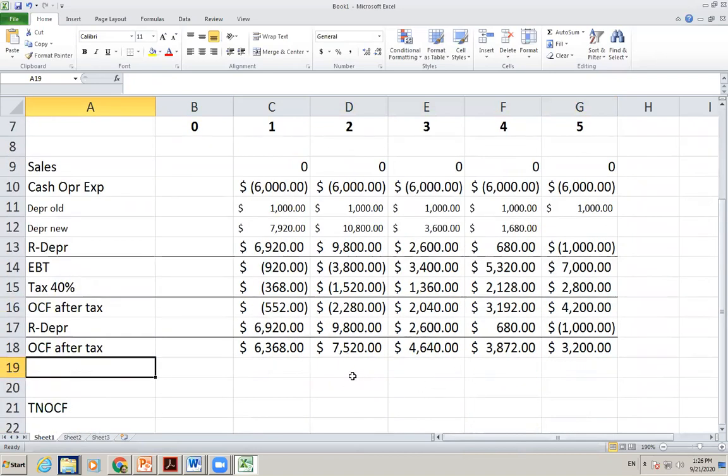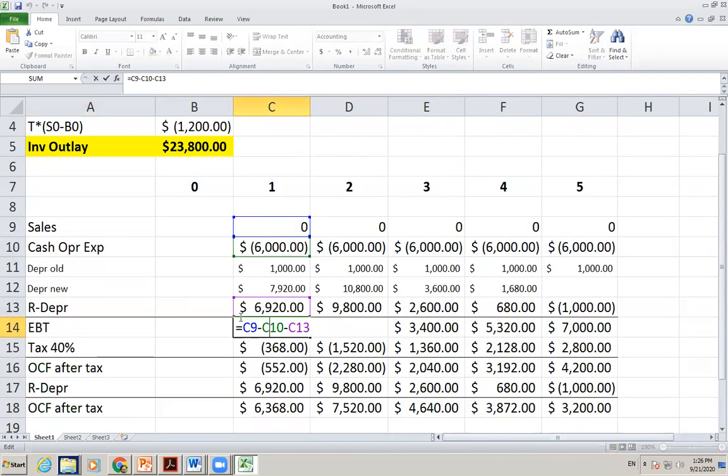Can you show the formula for EBT? Yes, sure. It is exactly the same that we used to calculate for expansion and the new product. But only the numbers that we get here are the replacement numbers. Okay, thank you.